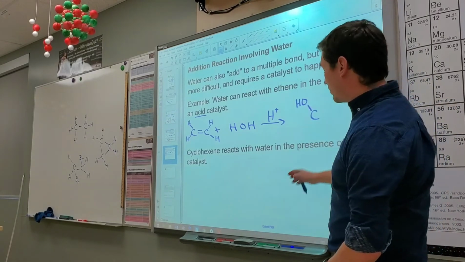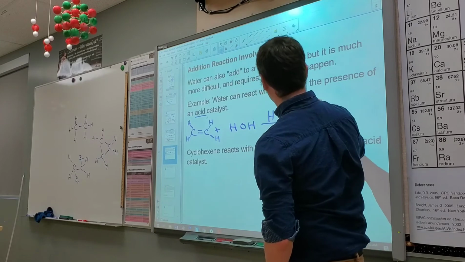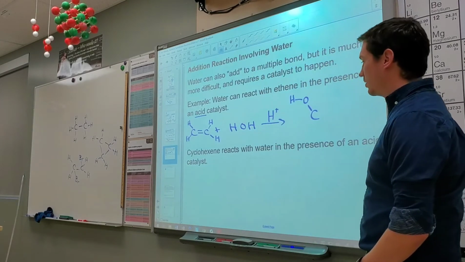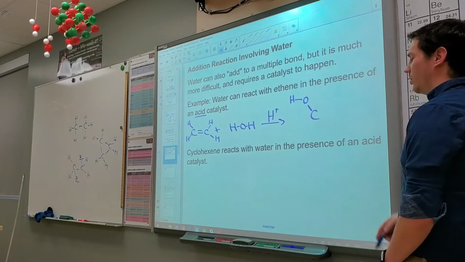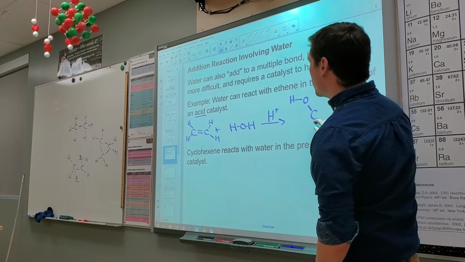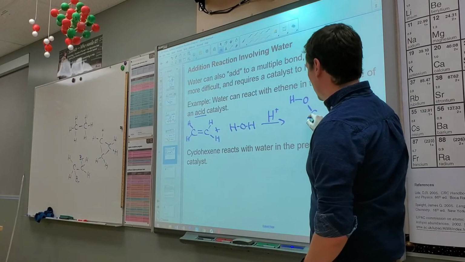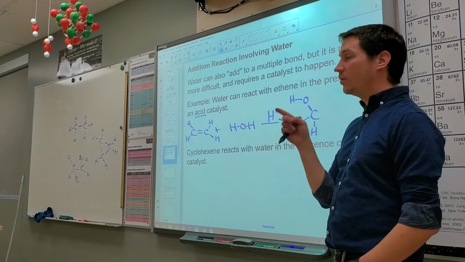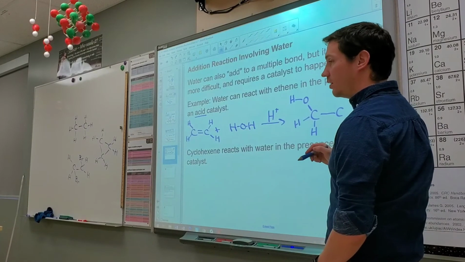Sorry, I should draw that in a different way, just to make it really explicit. The O is bonded to the H, right? This is what water is, HOH all bonded together. So what was always attached to that first carbon? Two hydrogens, and we broke the double bond, and what was left? A single bond.